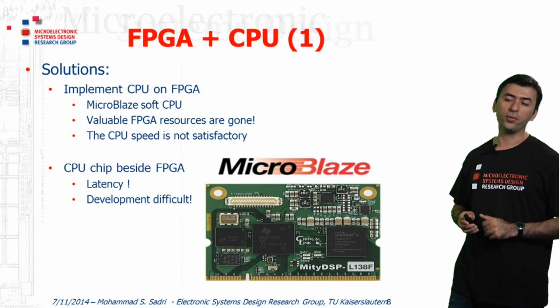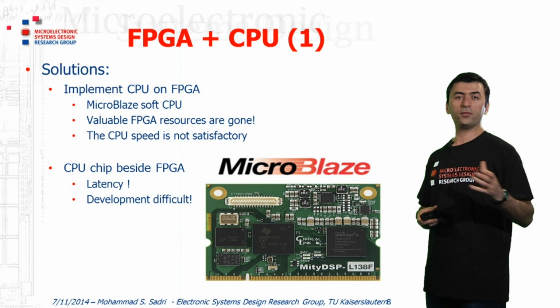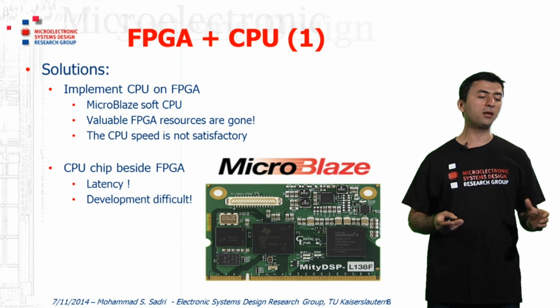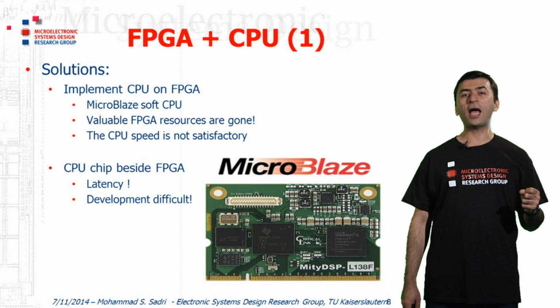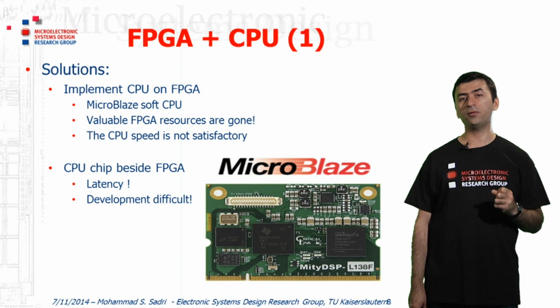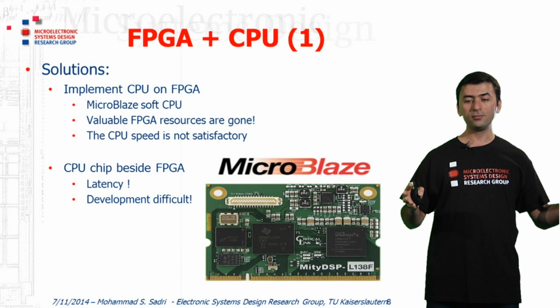As an example, for the Xilinx MicroBlaze soft CPU core, if you have experience designing with the MicroBlaze, you have seen that you will be really, really happy if the MicroBlaze reaches an operating clock frequency of 125 MHz. But it's really bulky, big, and slow.